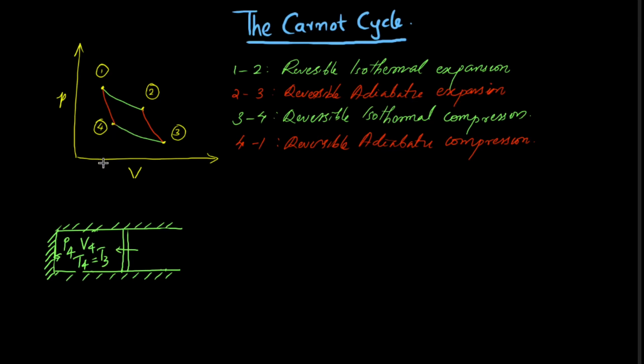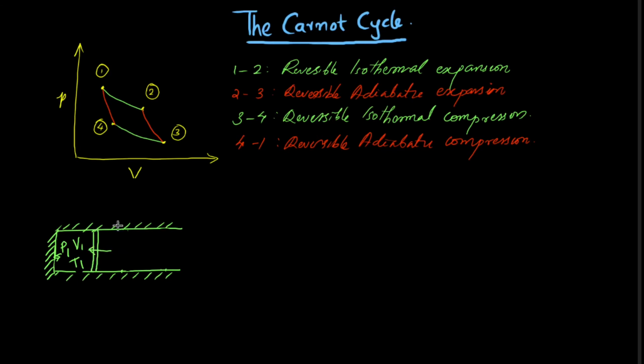So the internal energy increases, and similarly the temperature also increases, from T3 to T1. So at state 1, pressure increases to P1, volume decreases to V1, and temperature increases to T1. Thus, the cycle is completed.